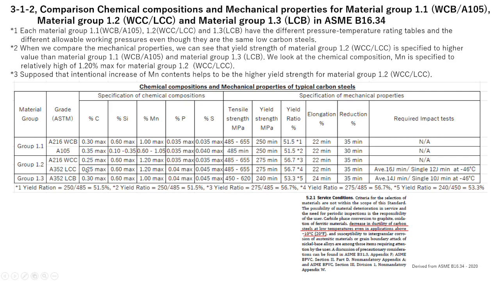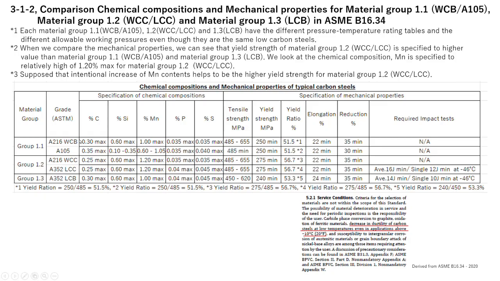But for LCC casting and LCB casting, the A352 specifies a special process conducted on the casting material to give good toughness at low temperature. So if the low temperature impact test is passed, LCC and LCB can be used down to minus 46 degrees Celsius.